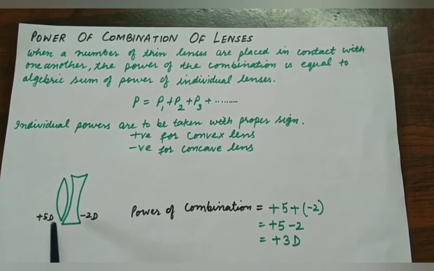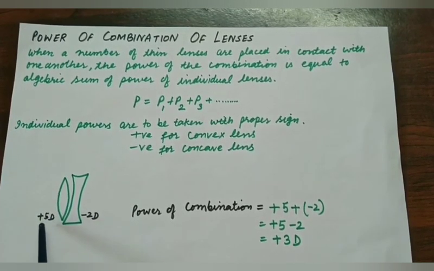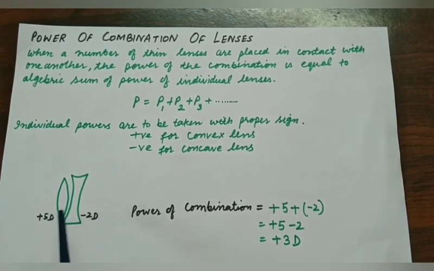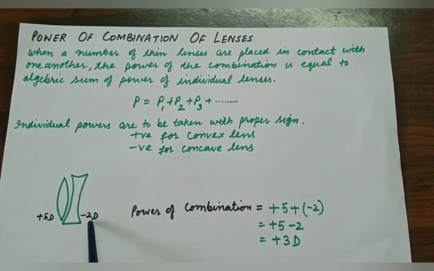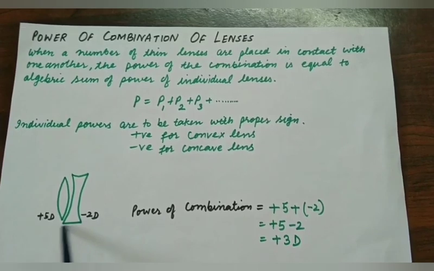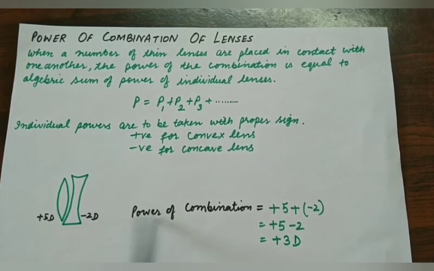It means that if you want to use this convex lens separately, then the power is plus 5D. And if you are using this concave lens separately, the power is minus 2D. But when these two lenses are used in combination, then the power of the combination is plus 3D.